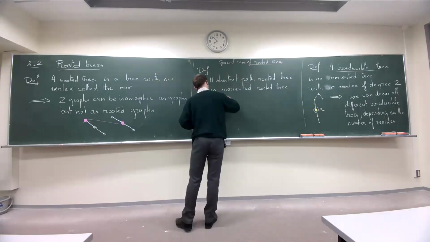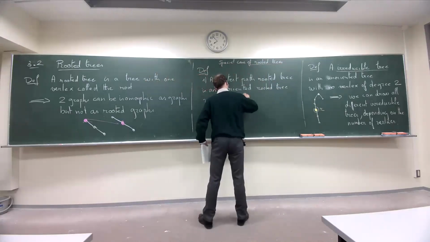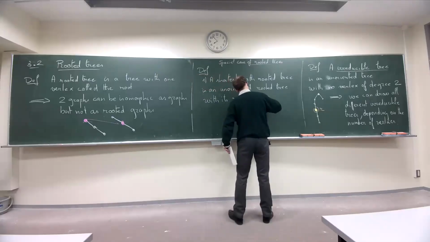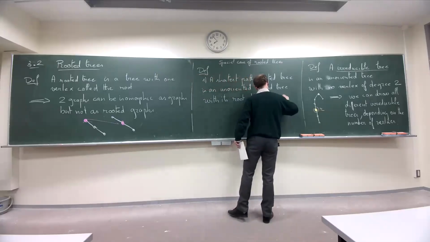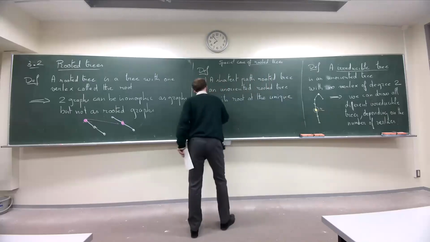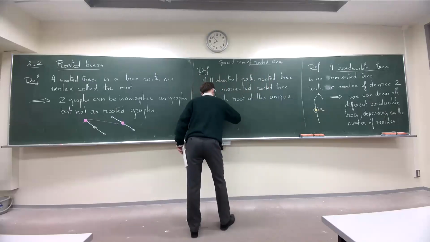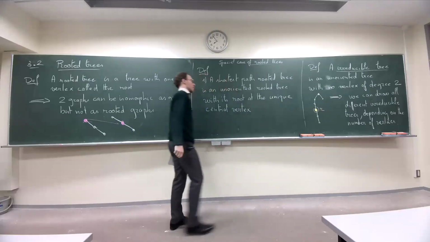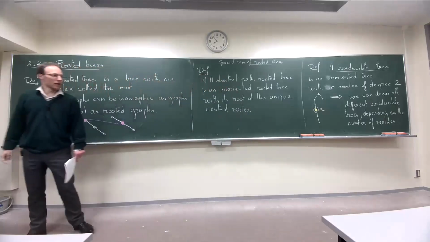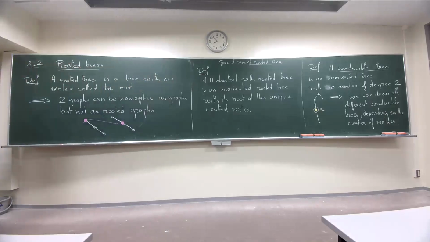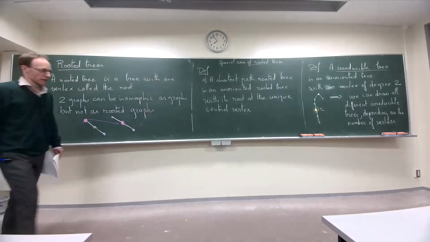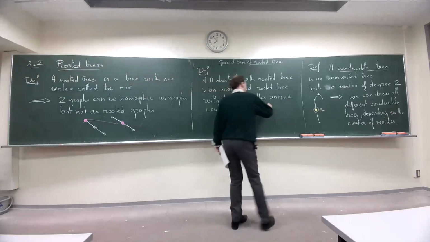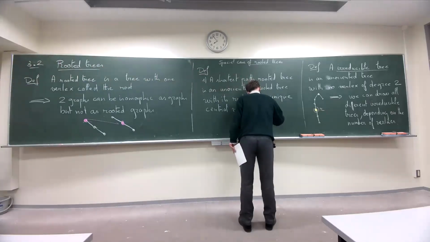with its root at the unique central vertex. As I mentioned before, for trees, you have only one or two central vertices. So how it looks like, of course, it looks like this.